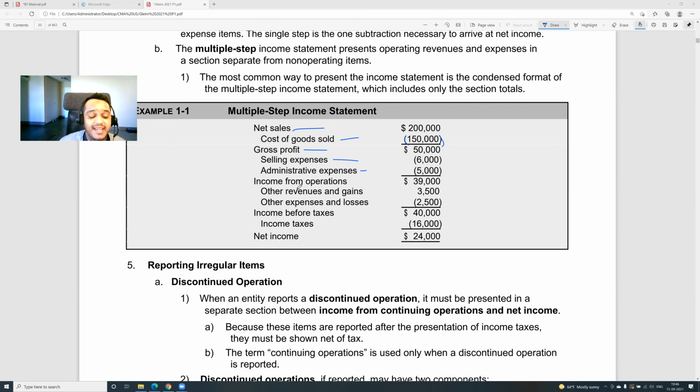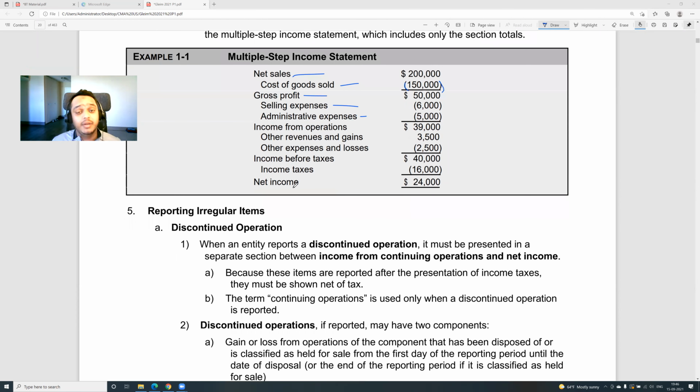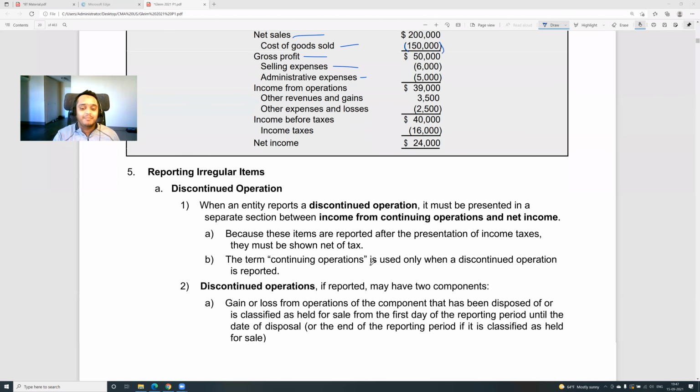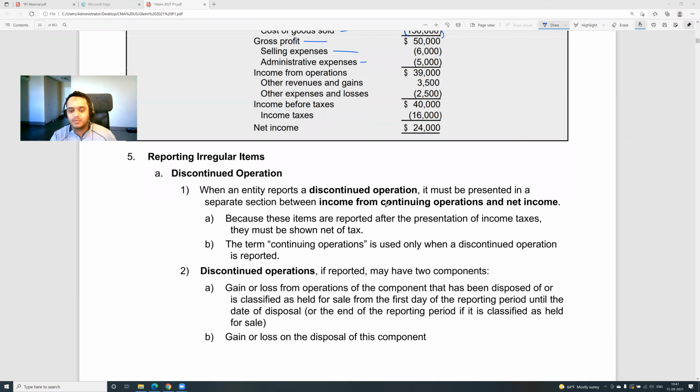Now, reporting irregular items in the income statement. How do you do that? Well, discontinued operation. When an entity reports a discontinued operation, it must be presented in a separate section after income from continuing operations.